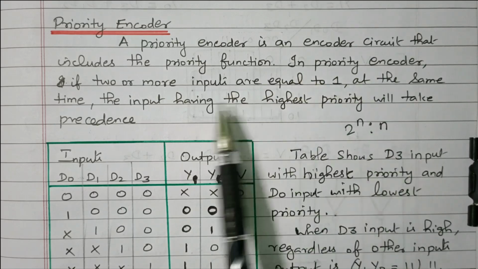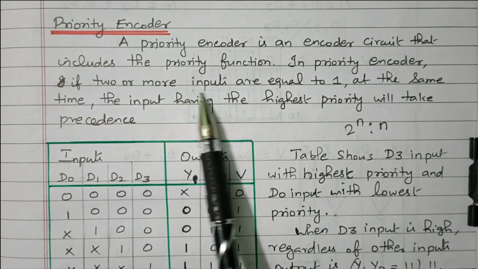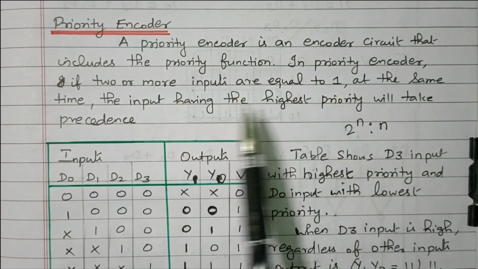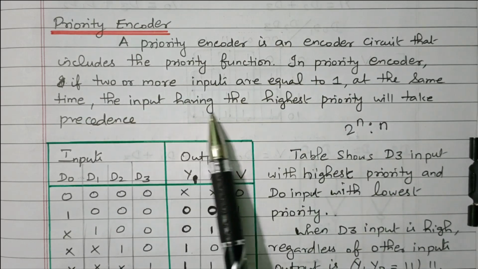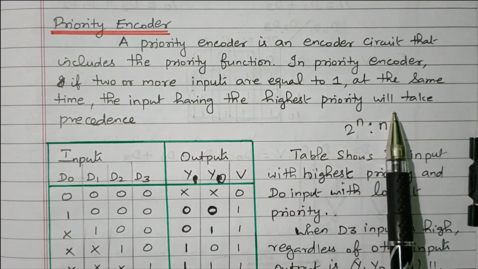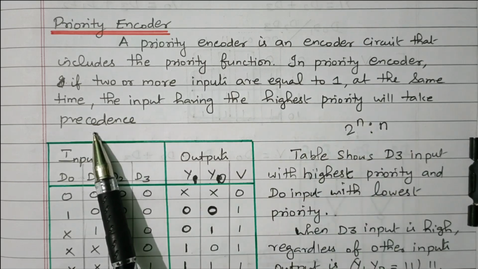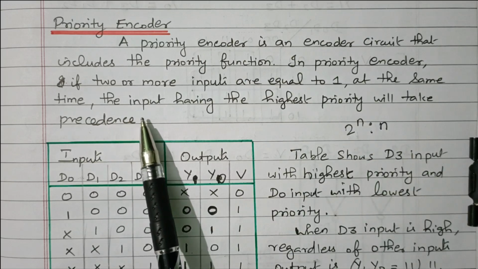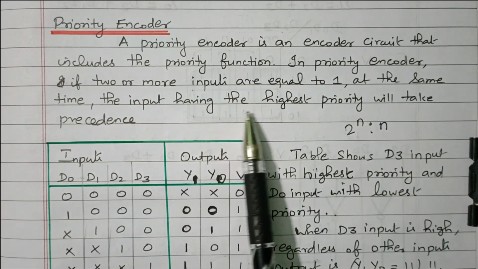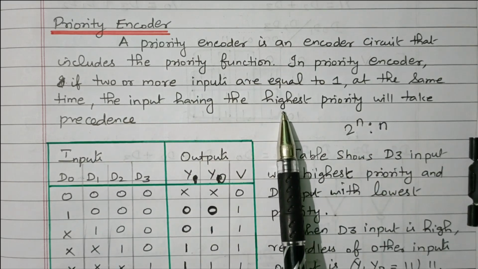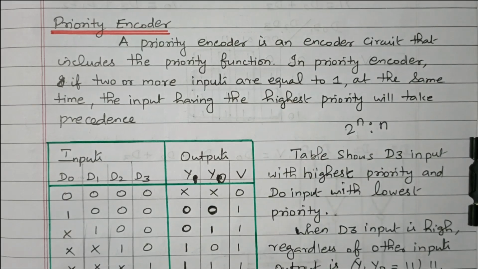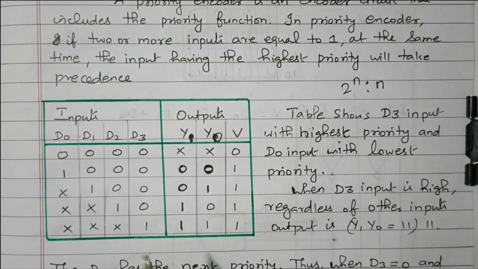In the priority encoder, if 2 or more inputs are equal to 1 at the same time, the input having the highest priority will take precedence. Right? If more than 1 digit is 1, the highest priority will be taken into account. Now we'll refer to the truth table so we are able to understand.